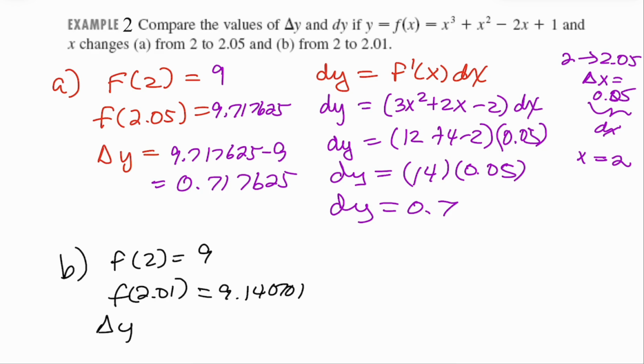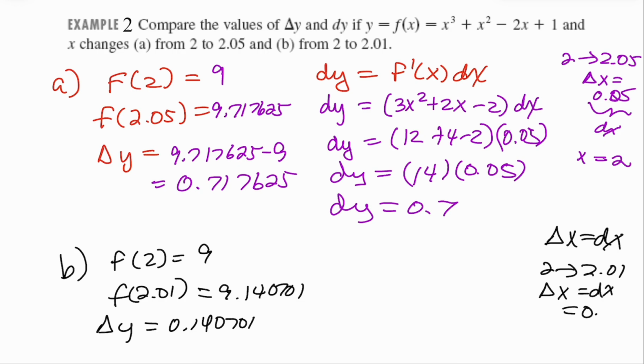So our delta y is 0.140701. Now, delta x is just dx. So if we're going from 2 to 2.01, delta x or dx is 0.01.